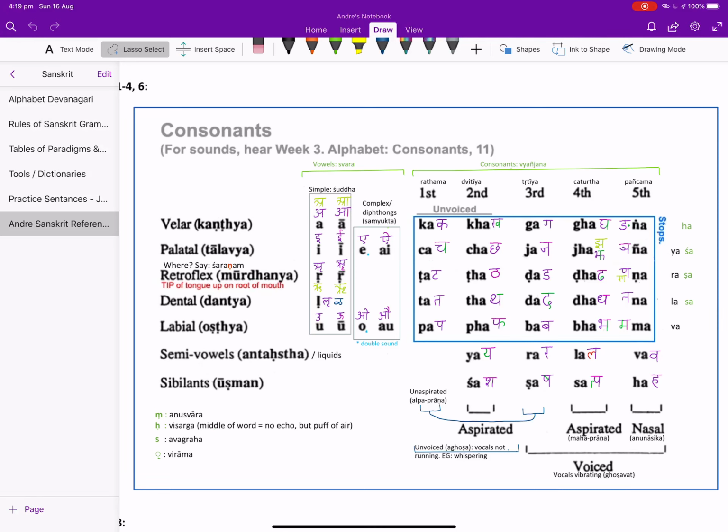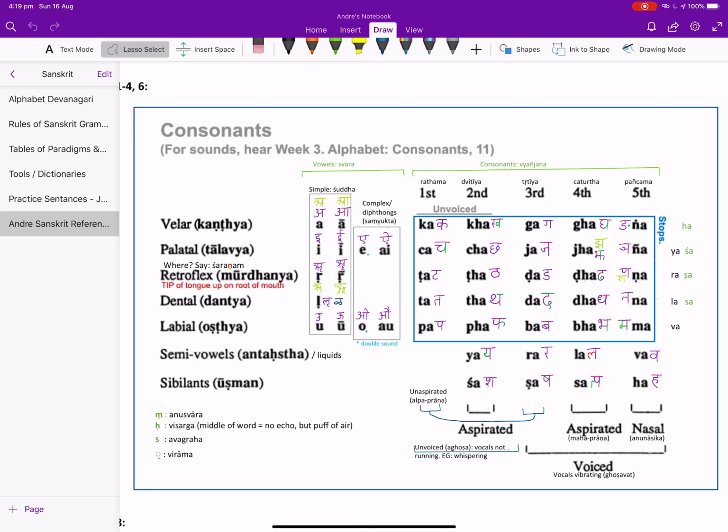Let's practice some pronunciation. The Sanskrit alphabet. Follow along. A, I, I, R, L, U. Again.